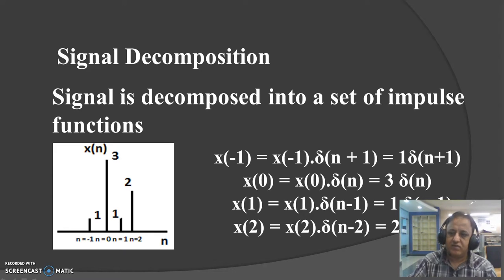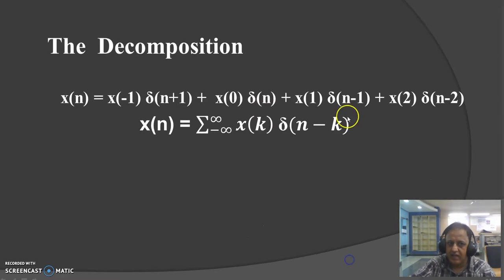So basically x of n, the input signal, is the additive version of all these decomposed parts. So my next slide will be the decomposition given as x of n equals x of -1 into delta of n plus 1, plus x of 0 delta of n, plus x of 1, and so on. This equation can therefore be summarized as x of k multiplied with shifted versions of delta.